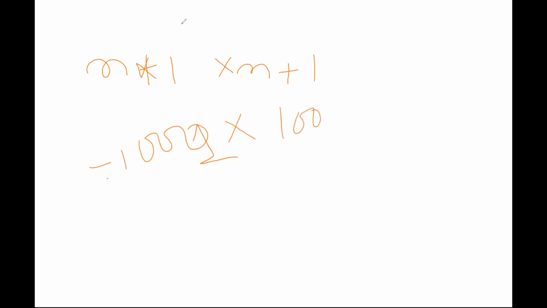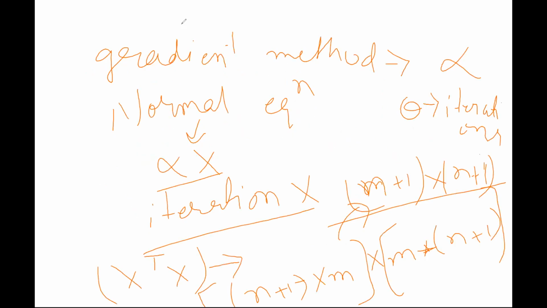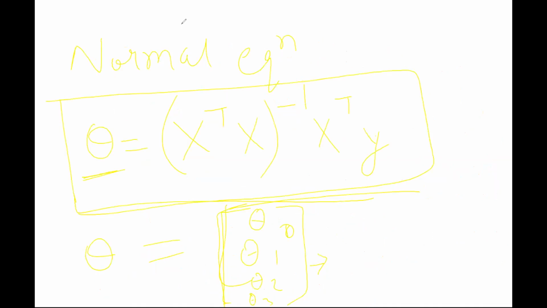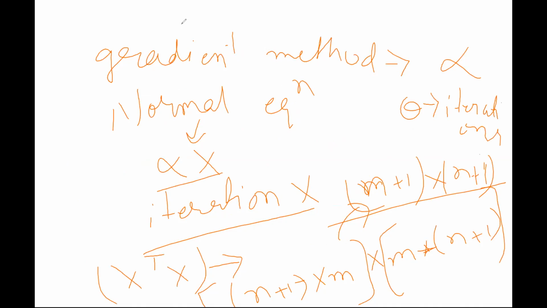When we compute the normal equation with this many features, it is very computationally inefficient for a computer. It will take a lot of time, and the system will need a lot of space. So when we have many features, we avoid using the normal equation.